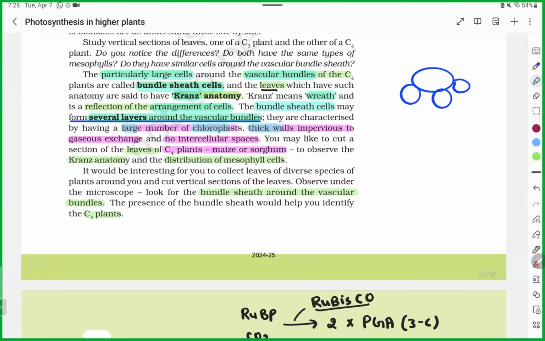Thick wall. Thick wall does not allow unnecessary gaseous exchange, and there is no intercellular space. Correct. Examples of C4 plants: maize and sorghum are two examples of C4 plants given in NCERT. Both have Kranz anatomy and there is a special distribution of the mesophyll cells. Correct.